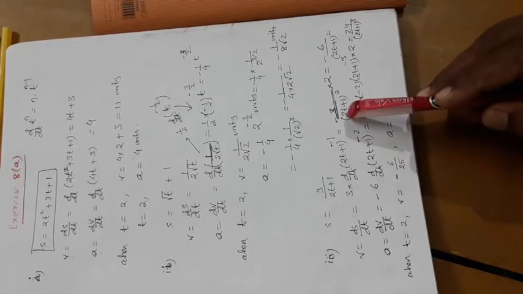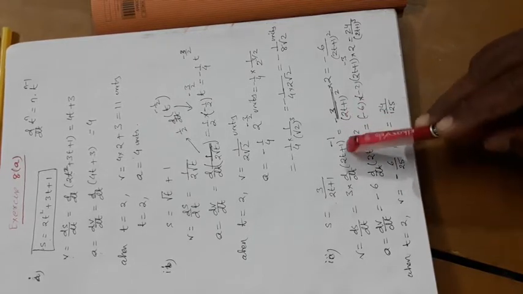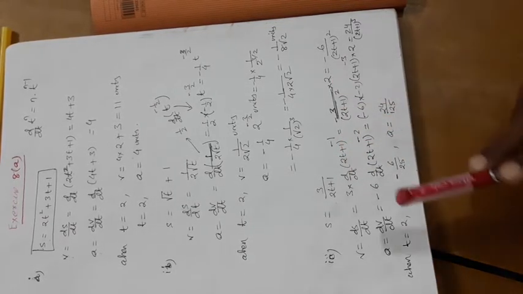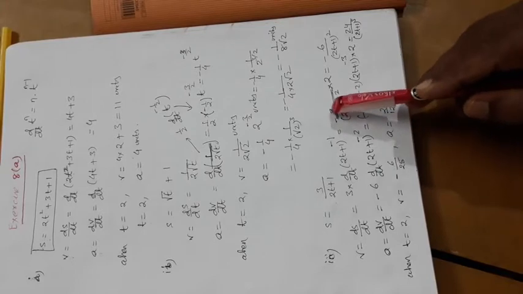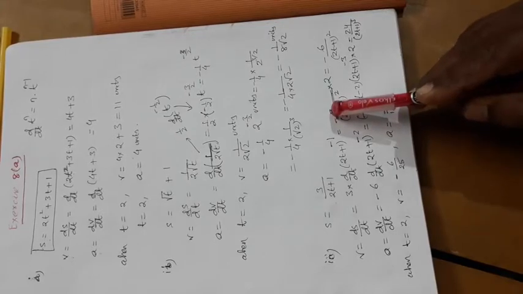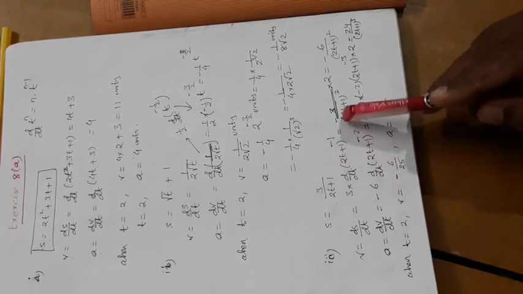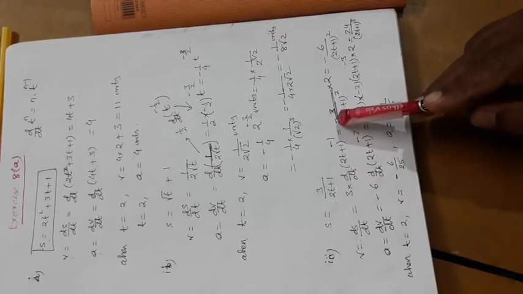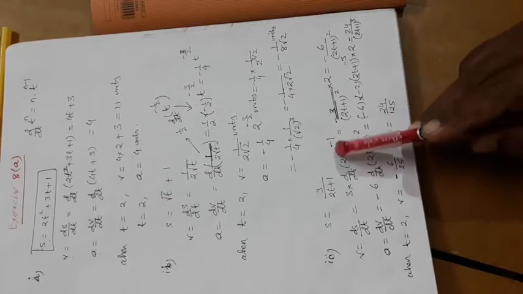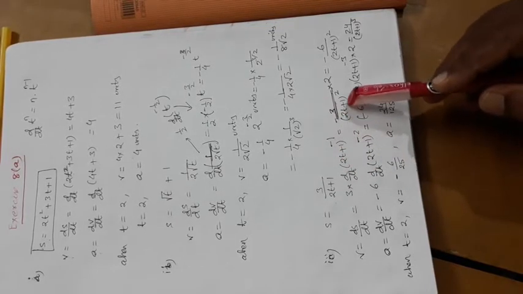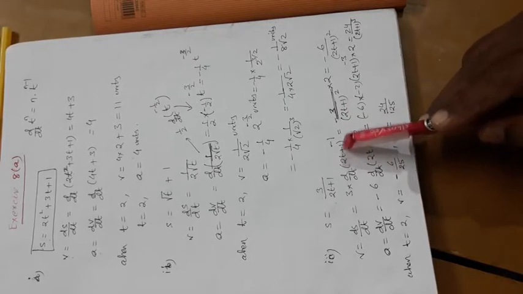That is 2t plus 1 whole square into derivative of 2t plus 1. Mind it, it is 2. Again I am telling, 3 is coming outside, it is staying constant. Anything to the power minus 1 gives minus 1, here minus is written for that. Minus 1 into 2t plus 1 to the power minus 2, that is 1 by 2t plus 1 whole square into derivative of 2t plus 1, which is 2.